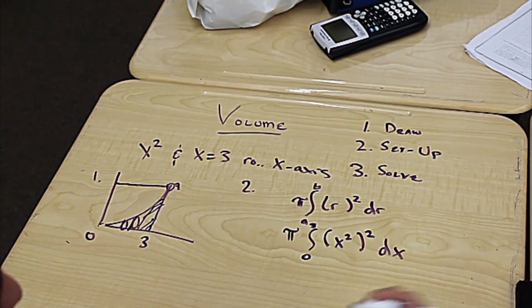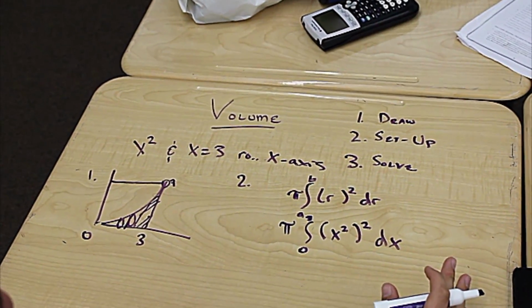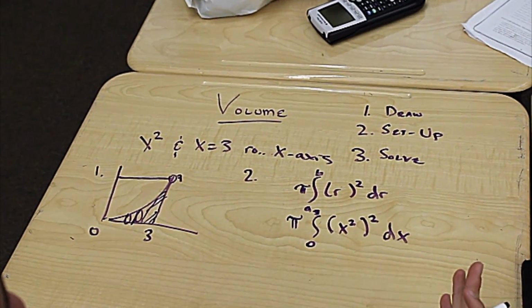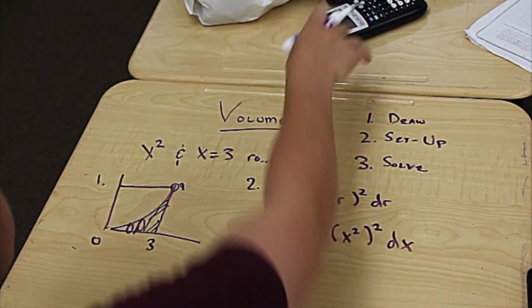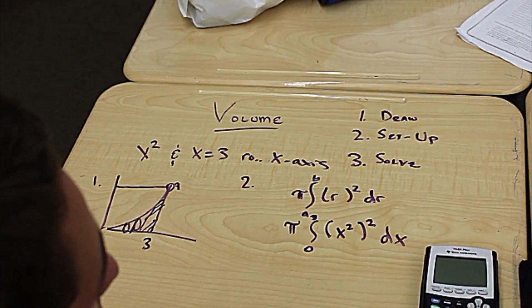What we're going to do is you can do a couple of things. For now we're just going to put it into the calculator. You're going to have to be really good at integrals, since this will often be on a non-calculator section. You're going to have to figure out how to do this.